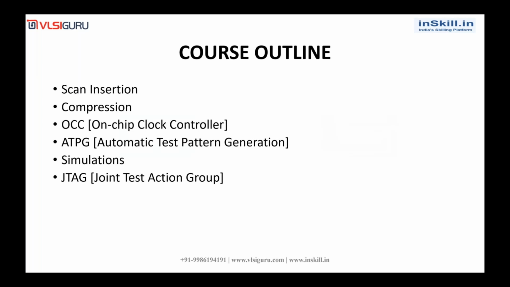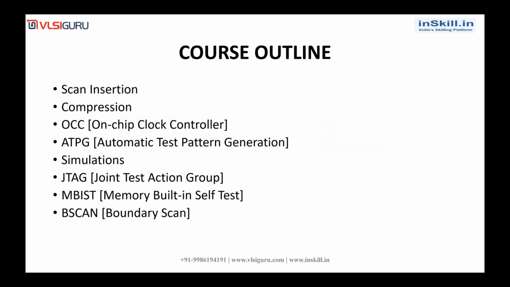Then MBIST, memory built-in self-test, and boundary scan, or B scan. These are all the topics which will be covered in our syllabus, and I'll give you an overview of them in the demo session.